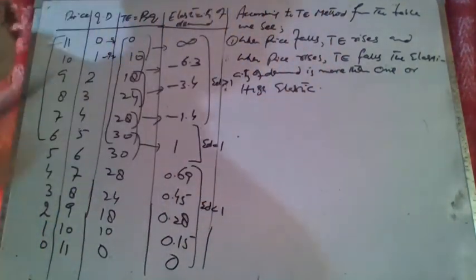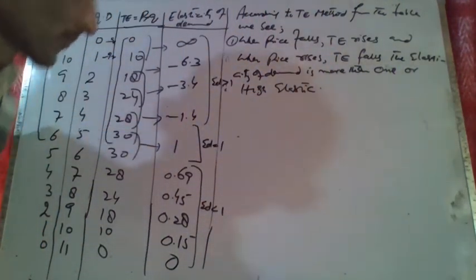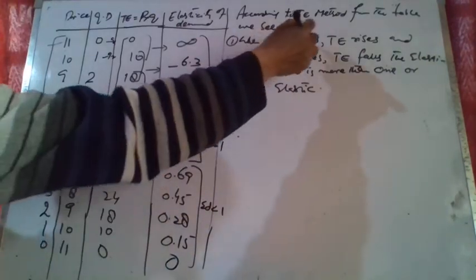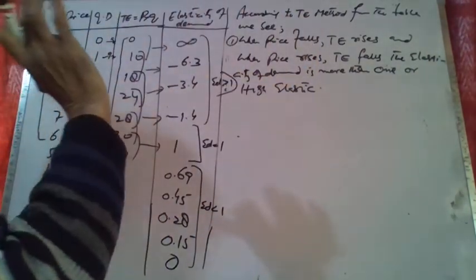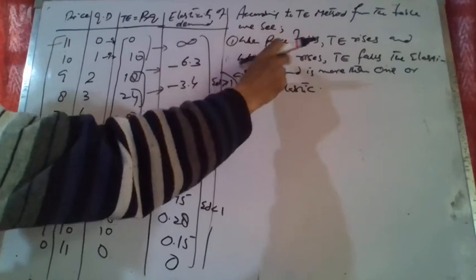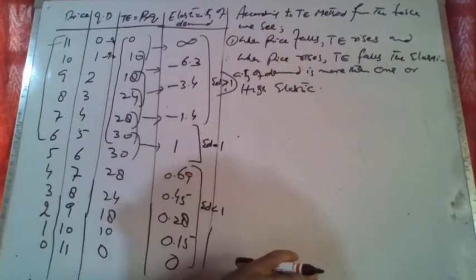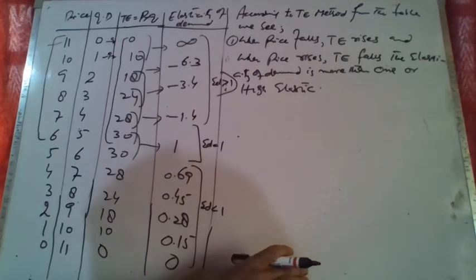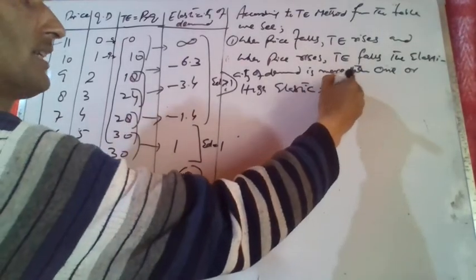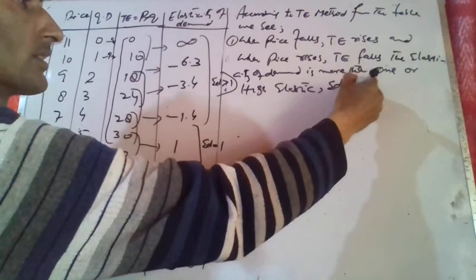So total expenditure method हमें दिखाता है when price falls, total expenditure rises, or when price rises and total expenditure falls, the elasticity of demand is more than 1, or the elasticity of demand is high elastic or elastic.